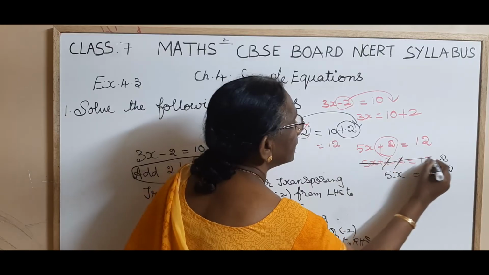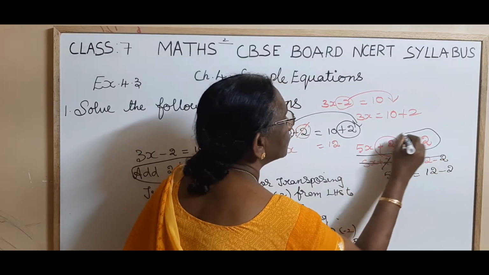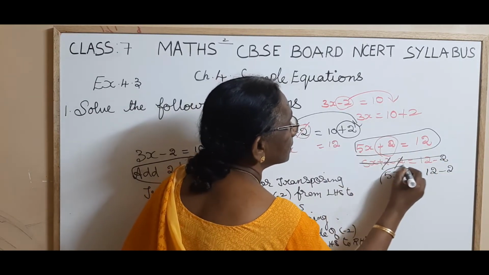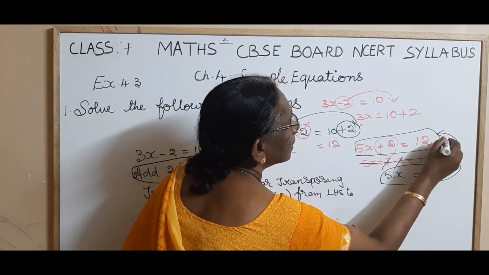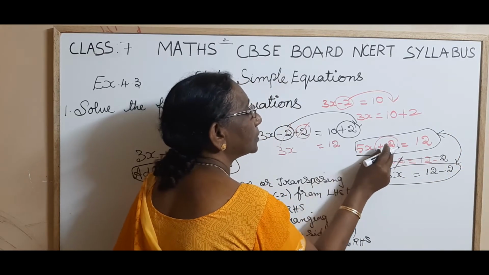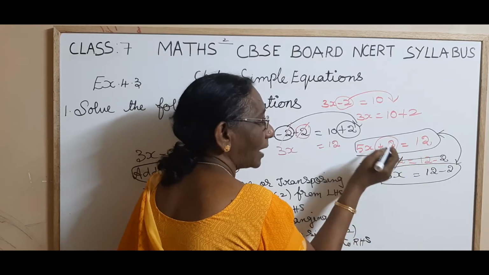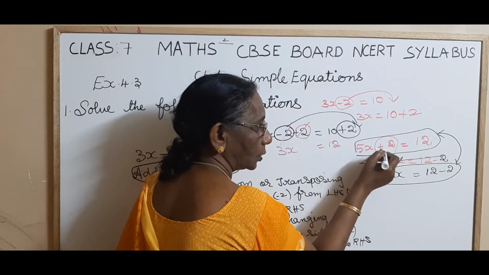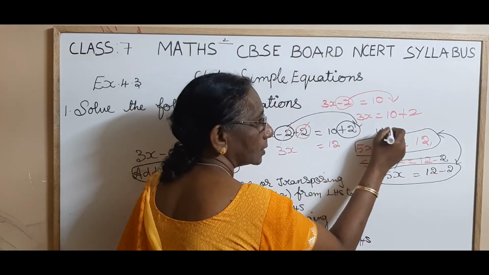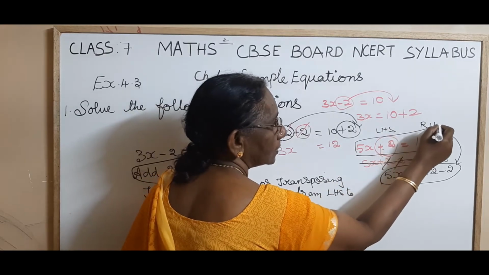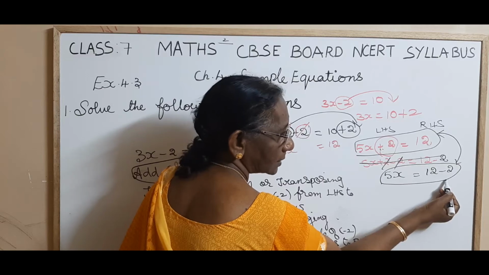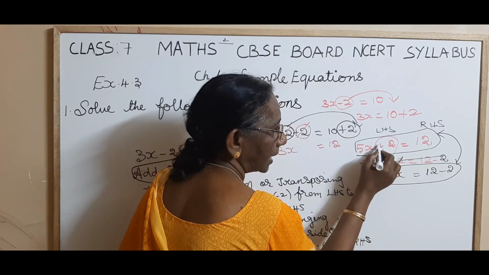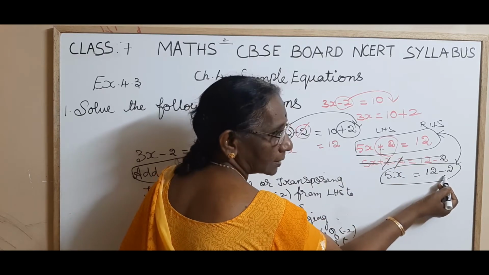Now you just leave this step. You connect these two things. See the connection between these two? The equation is 5x plus 2 is equal to 12. And after transposing this plus 2 from LHS to RHS, what happens? The plus 2 has come to the right hand side, but the sign has changed: here it is addition, it has become subtraction.